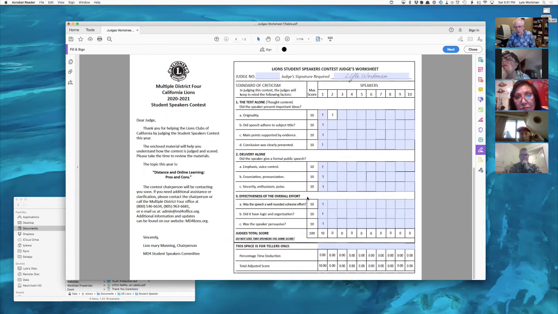I'm just going to enter ones in that column. Okay. Now I'm going to save this form by clicking the next button. You see that asks me to save. Okay.